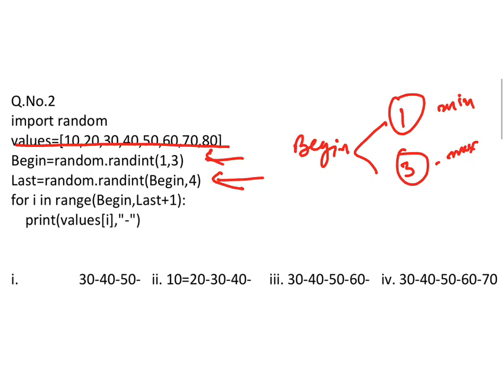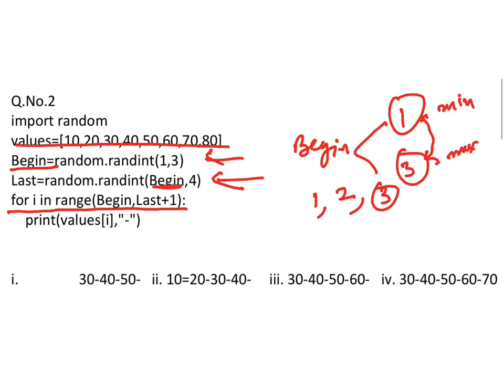So this begin may be 1, may be 2 and may be 3. Why? Because begin may have a value between 1 to 3, both values included. So your begin will have the value from 1 to 3, and your last will have the values from 1 to 4. So what happens when you take this loop?